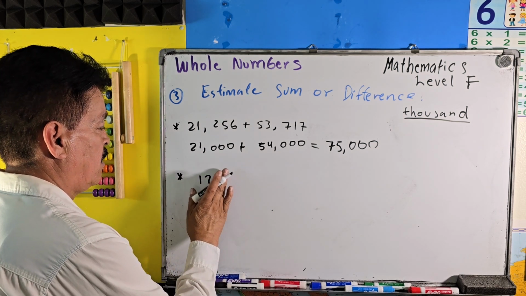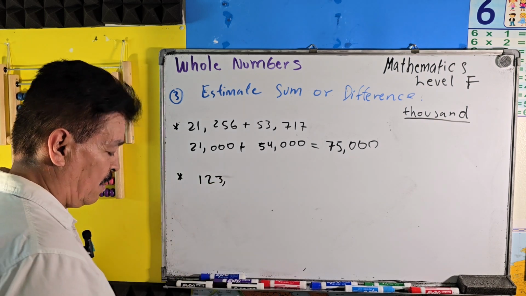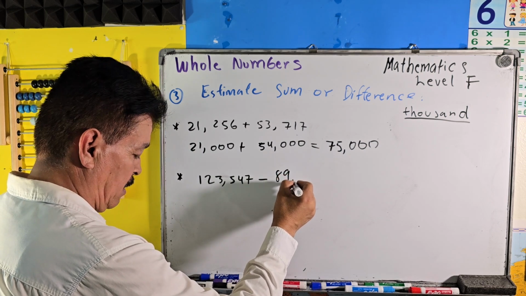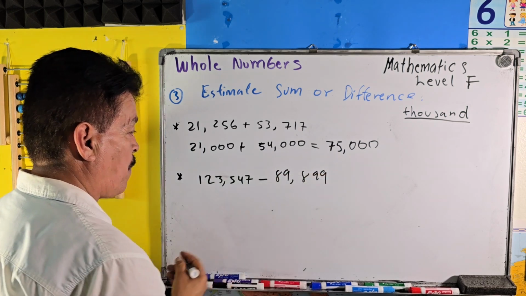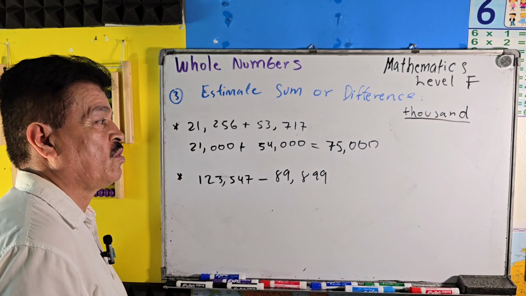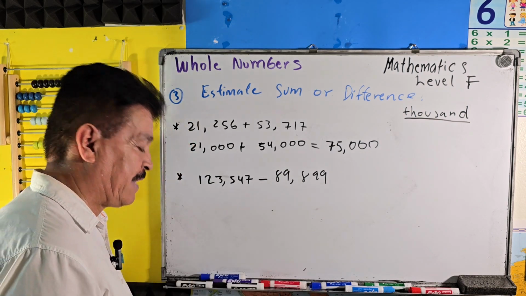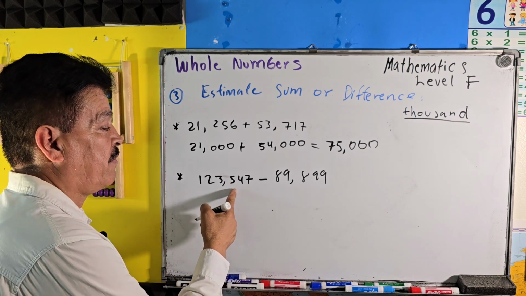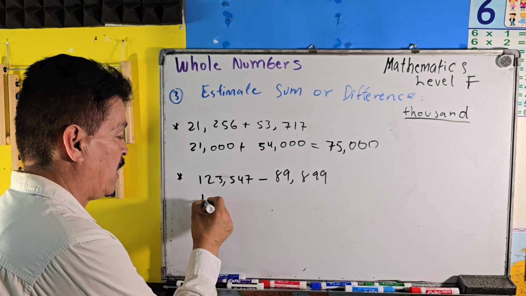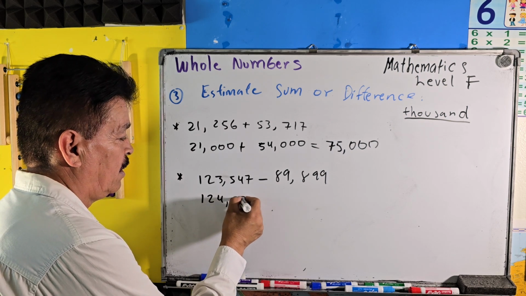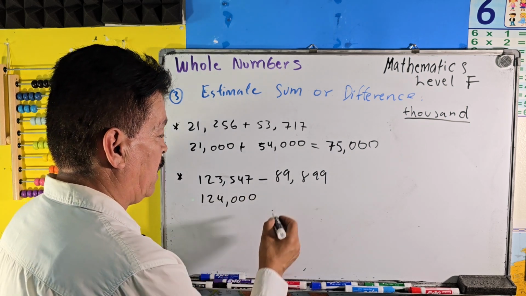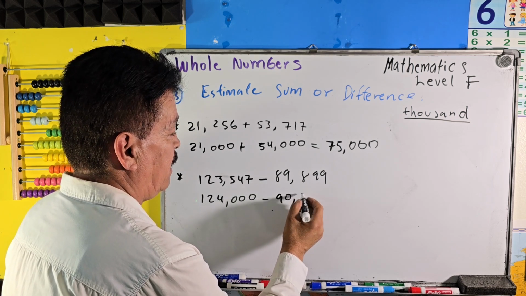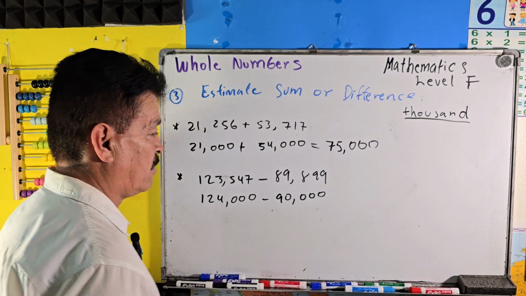Let's write now one more problem: 123,547 minus 89,899. So remember, we have to solve the problem to the nearest 1,000. Here, where is the nearest 1,000? It's over 500, so we have to write 124,000 minus 90,000, right?